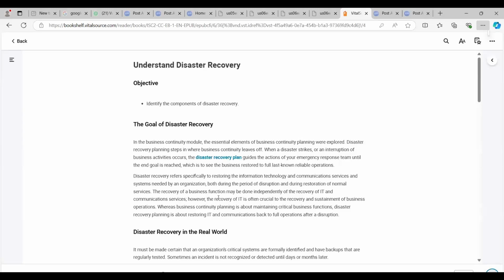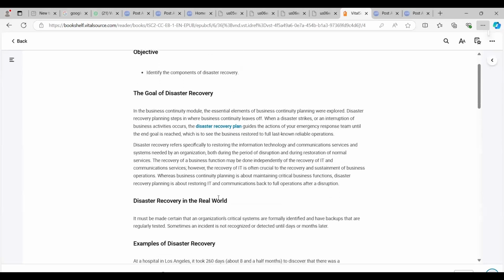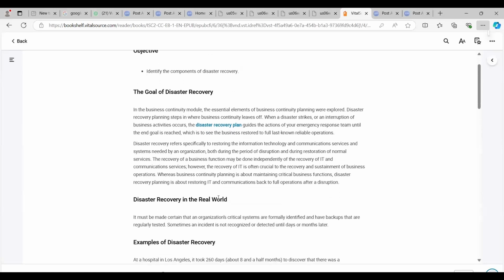So then the last one, which is disaster recovery. So the goal of disaster recovery. In the business continuity module, the essential elements of business continuity planning were explored. Disaster recovery planning steps in where business continuity leaves off.